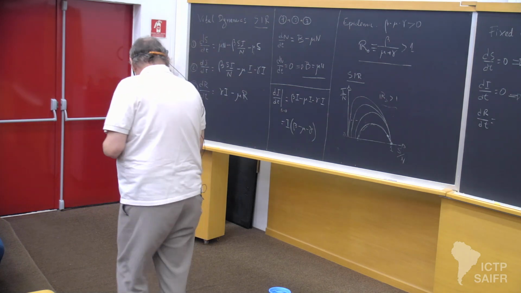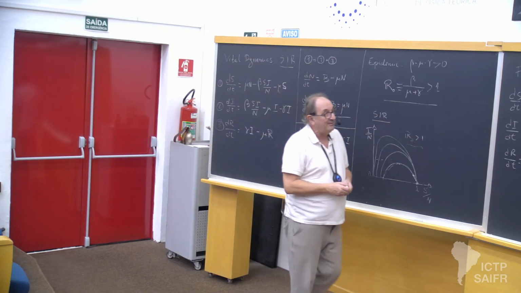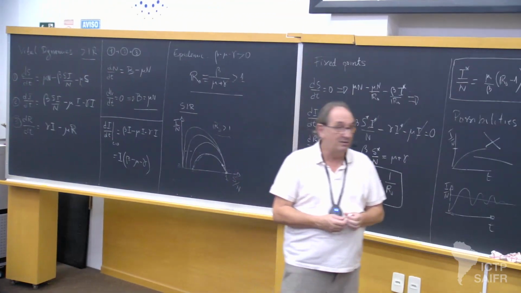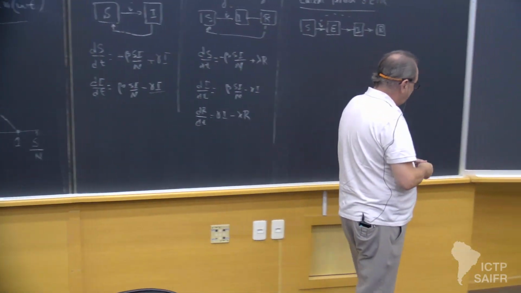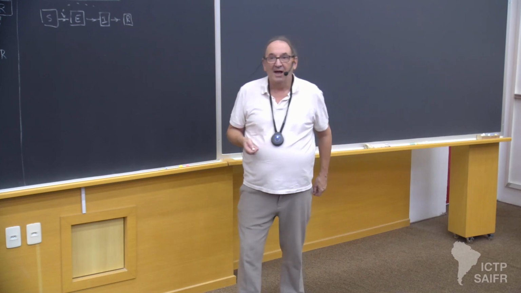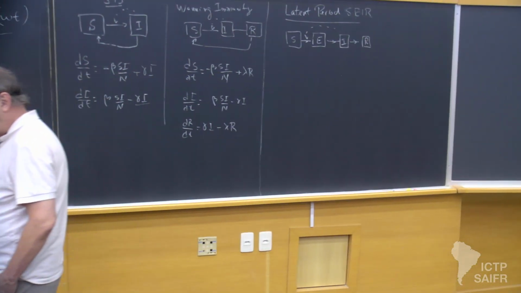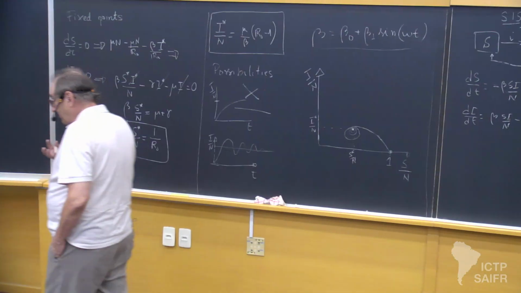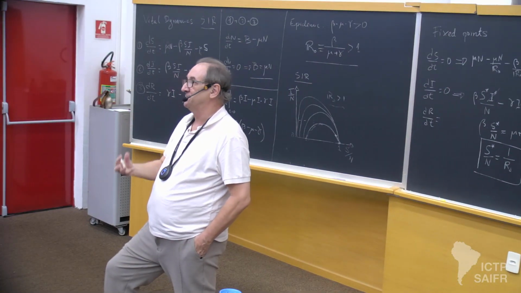Okay? Now, there could be a variation of this model, where you get exposed and you have a first phase where you don't have symptoms, but you are already infectious.